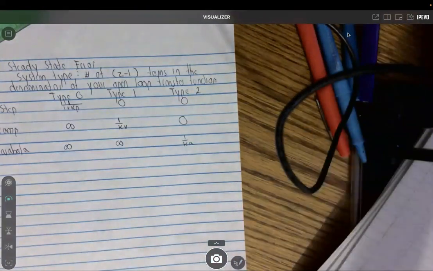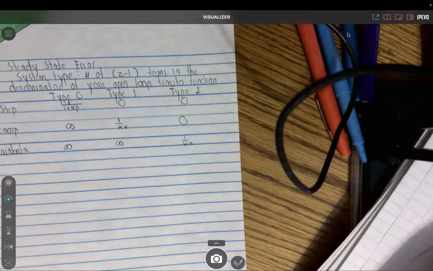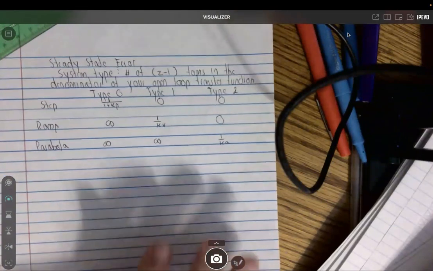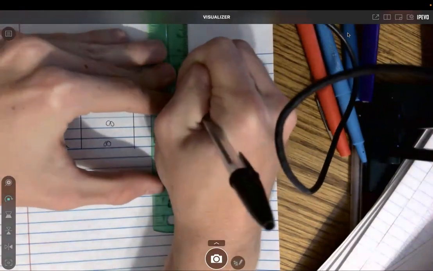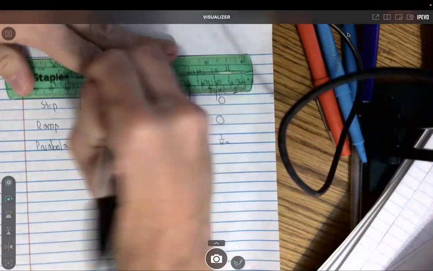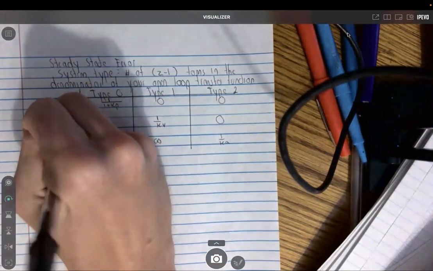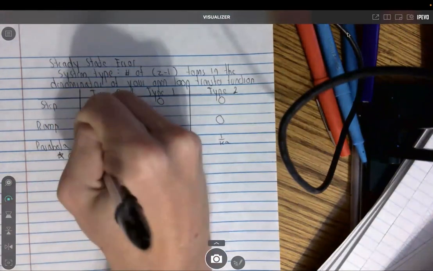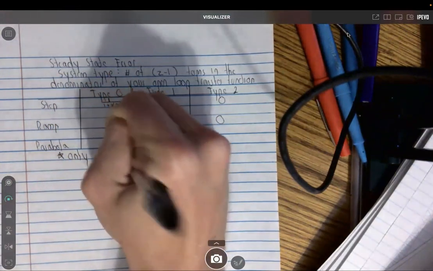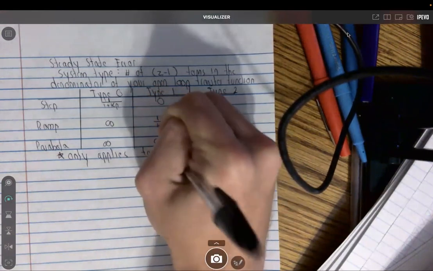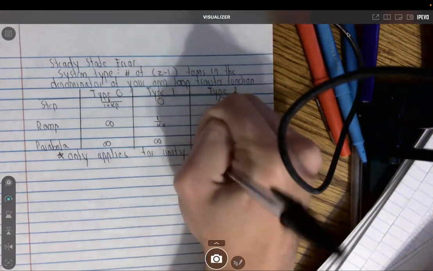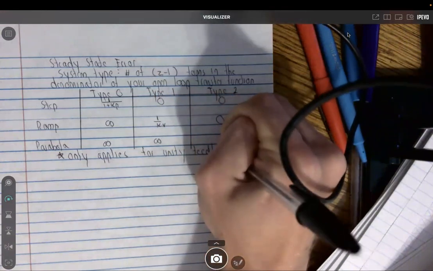This is the chart for a unity feedback system, and it only applies for unity feedback, which means your H of S term would be 1.